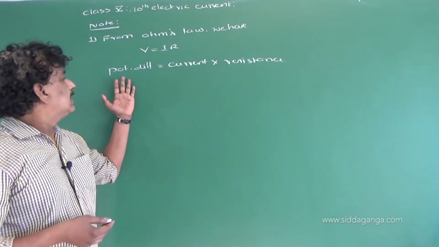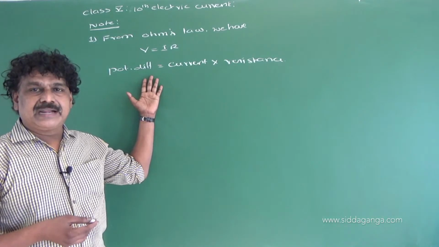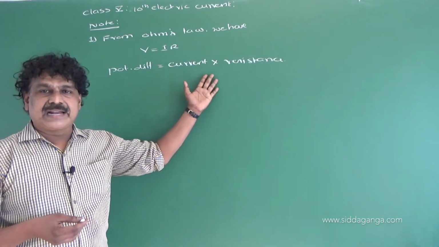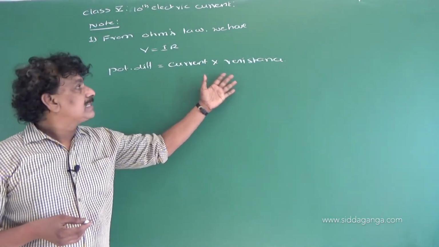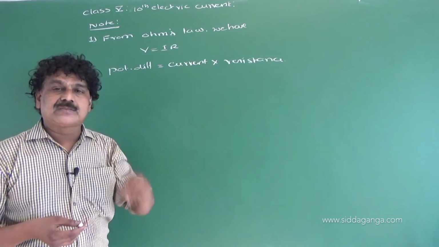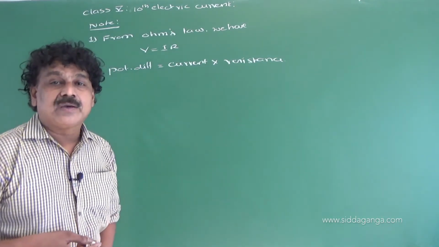Therefore, this potential difference is defined as the product of current and resistance. Sometimes the right hand side term is also called the IR product.